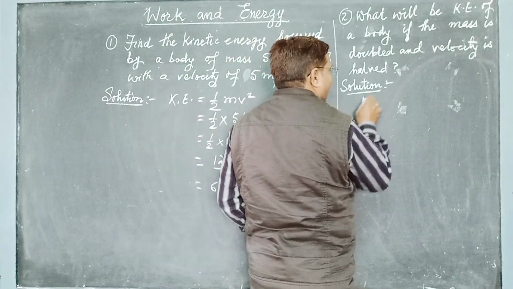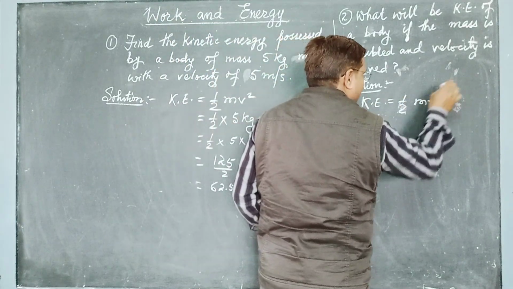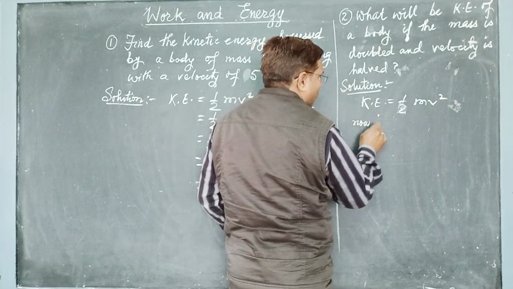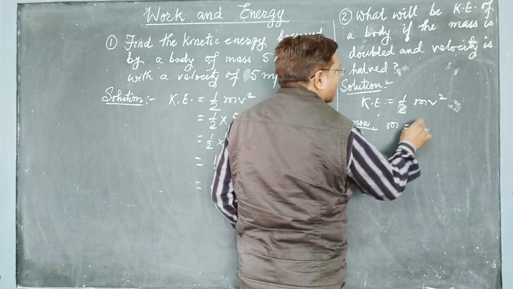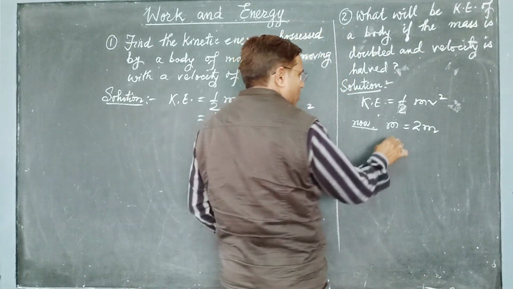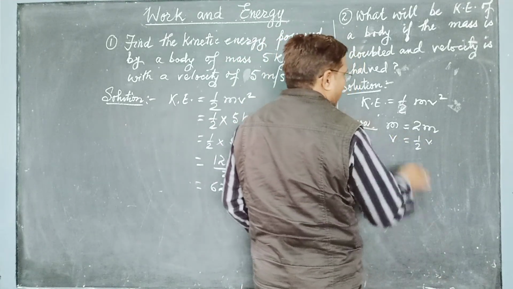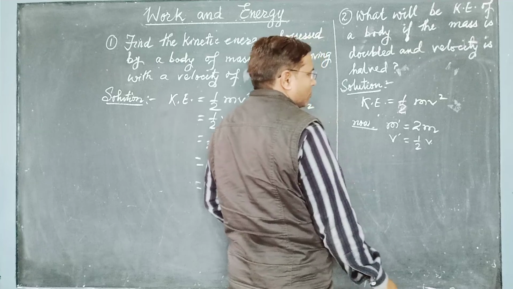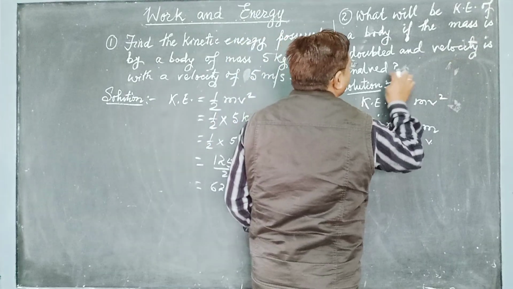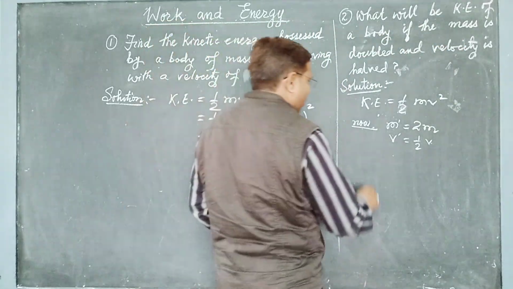See, let us take as in the previous case that the kinetic energy is equal to half mv square. Now what is happening? m is becoming 2m because the mass is doubled, and the velocity is becoming half v. You can write m dash, v dash also. So what will be the kinetic energy of the body if the mass is doubled and the velocity is half?